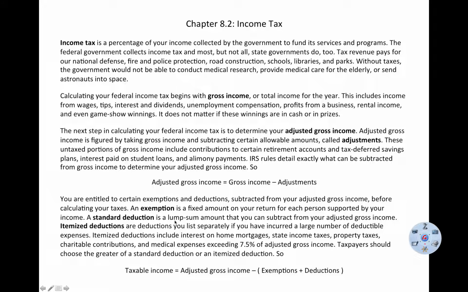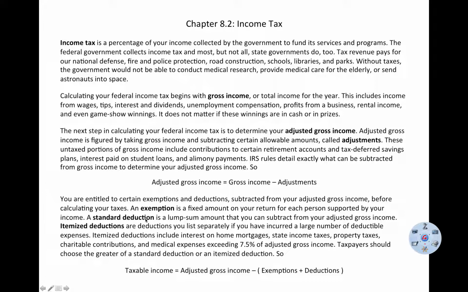Most young people take the standard deduction because their financial situations are relatively simple and they're not eligible for numerous deductions associated with owning a home or making charitable contributions. As a matter of fact, I think most people take the standard deduction.